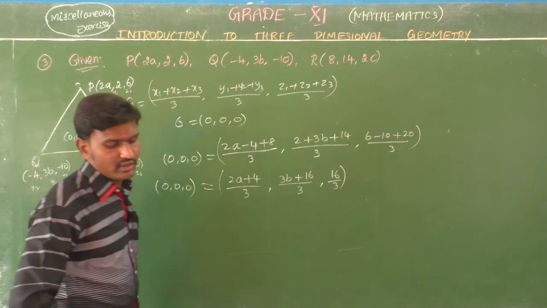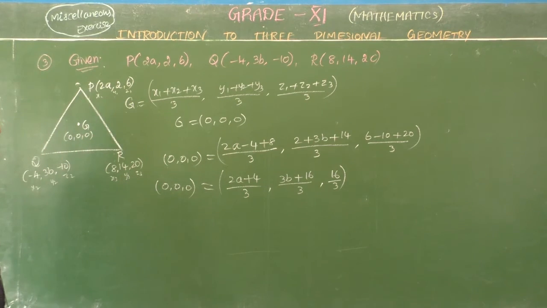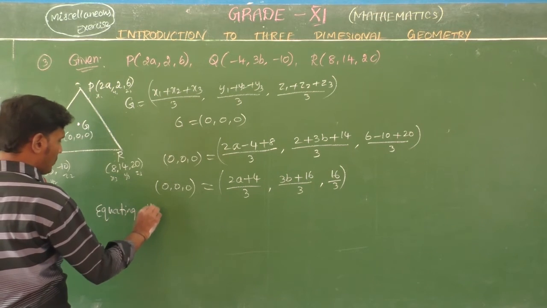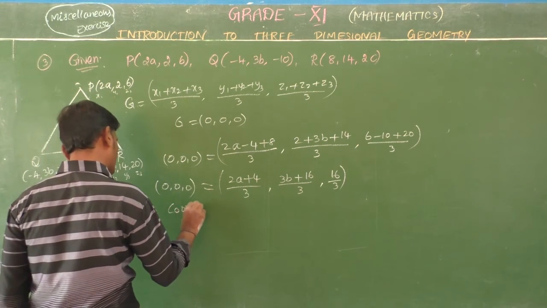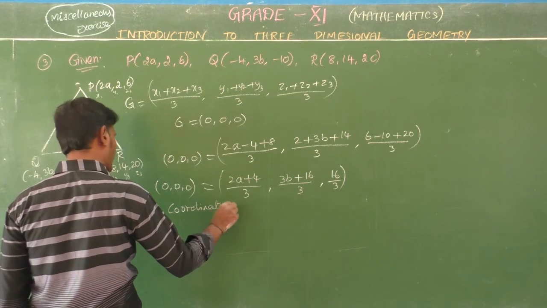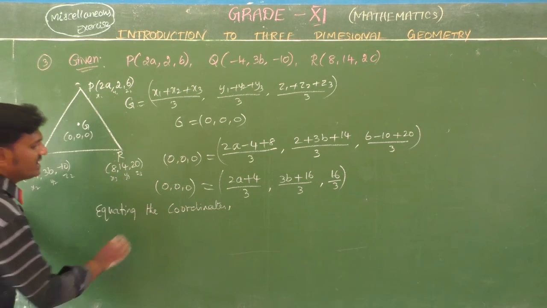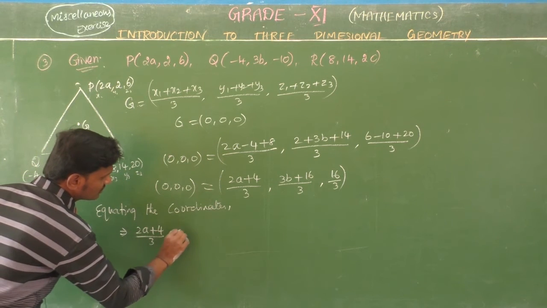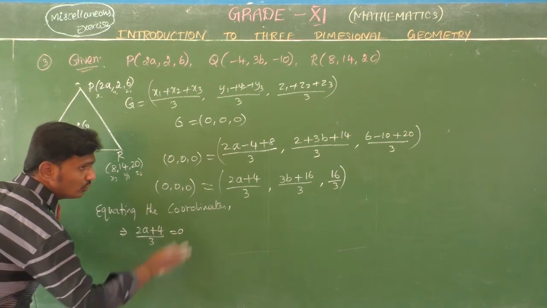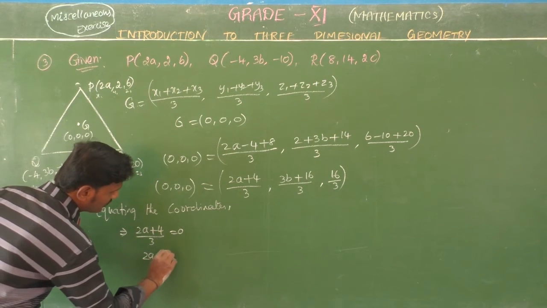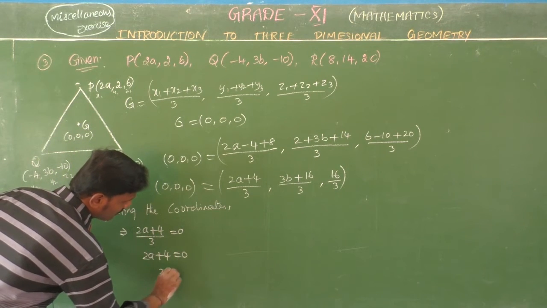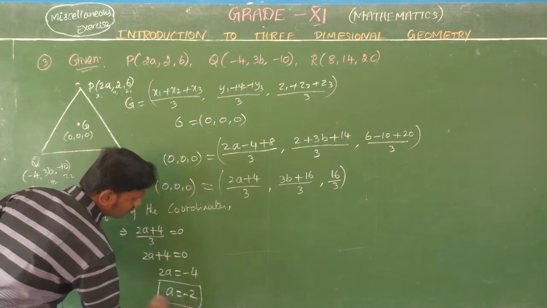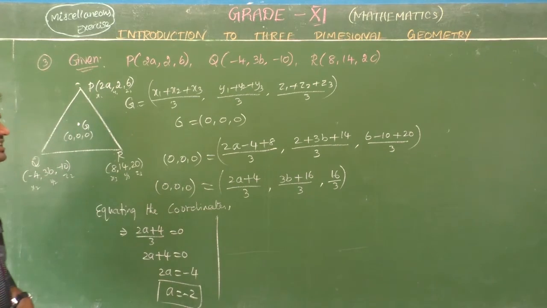Now we equate the corresponding coordinates. First, (2a plus 4) by 3 equals 0. Multiplying by 3, it cancels, so 2a plus 4 equals 0, 2a equals minus 4. The value of a is minus 2.